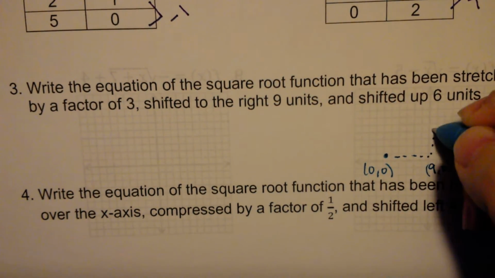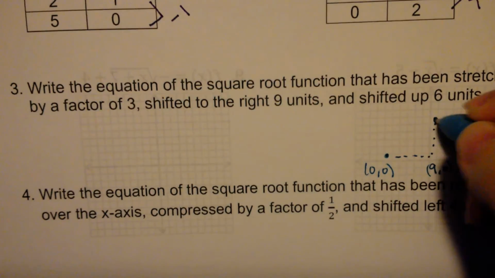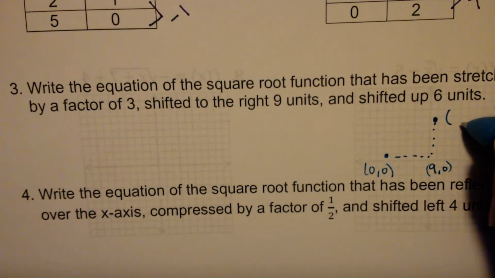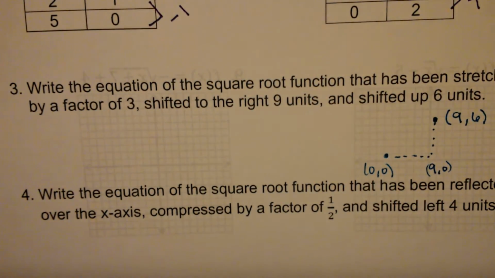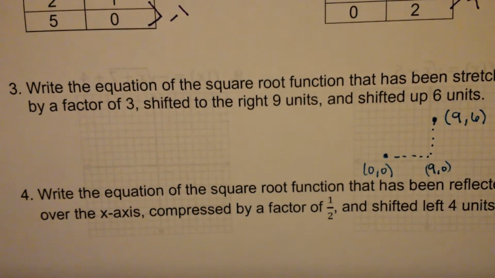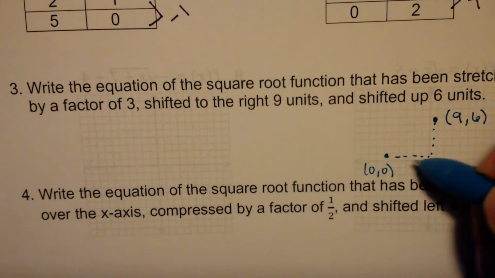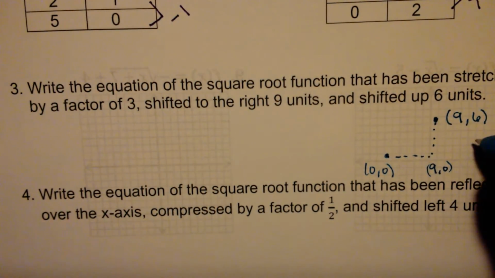And then it got shifted up 6, so it'd be up here at (9, 6). So (9, 6) is my starting value, because the parent function starts at (0, 0), but it's been shifted.